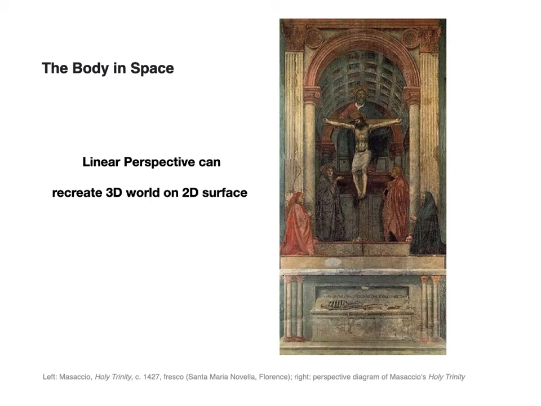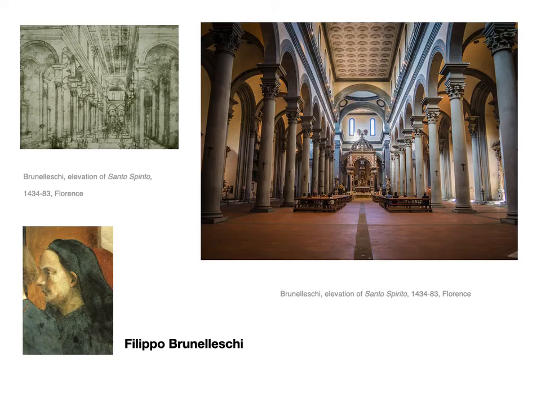So using this geometry, it's actually possible to work backwards to accurately measure and reconstruct the three-dimensional space that Masaccio depicts. Masaccio was one of the very first people in Southern Europe to use linear perspective to recreate a 3D image on a 2D surface.